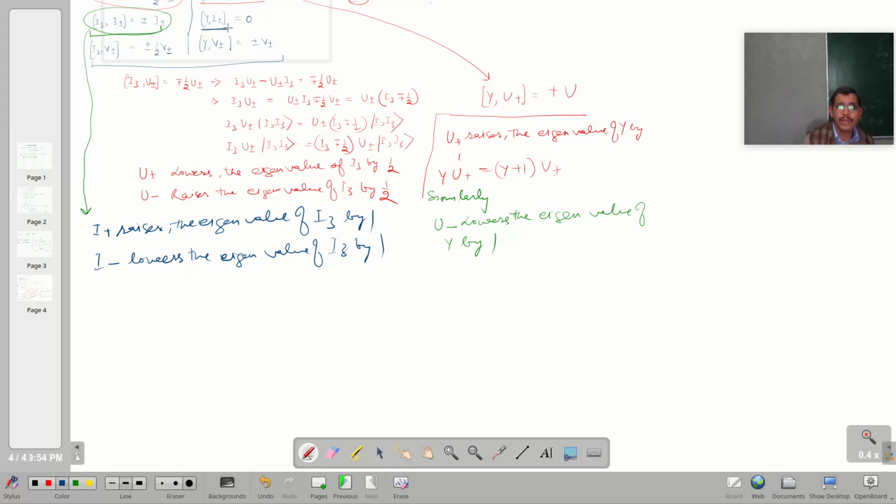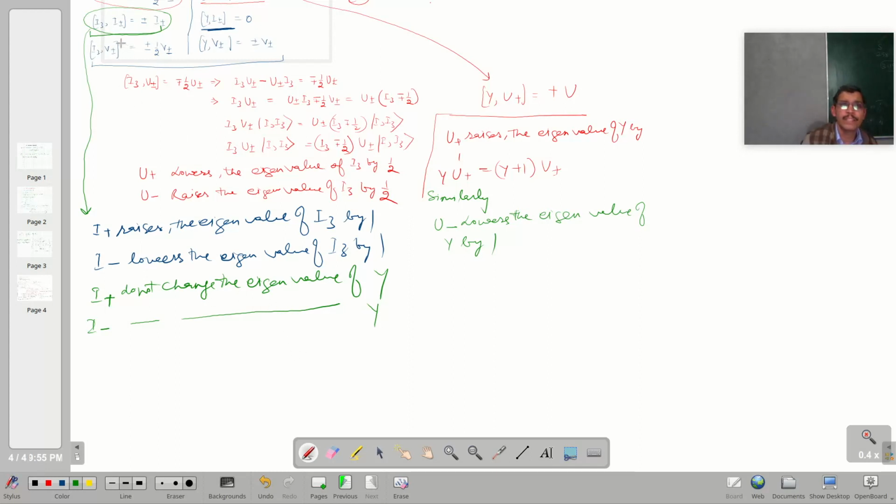But if I look at this part, it means that this I+ does not change the eigenvalue of Y, because this will be 0, and I- also does not change the eigenvalue of Y. That's what we are getting.